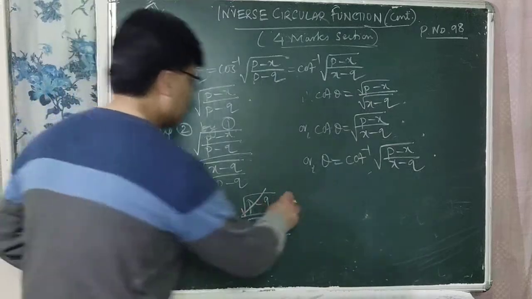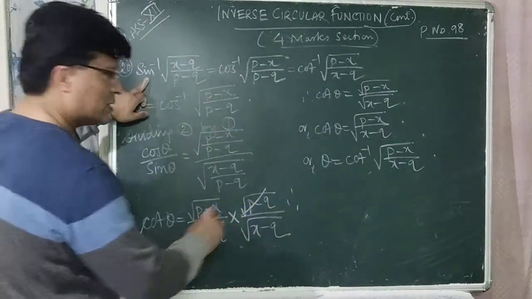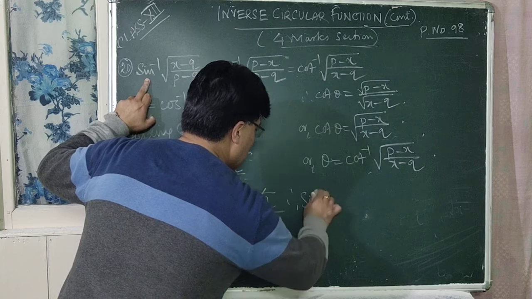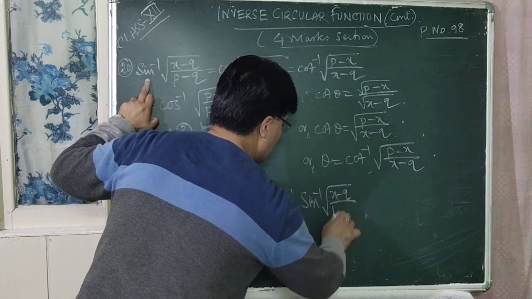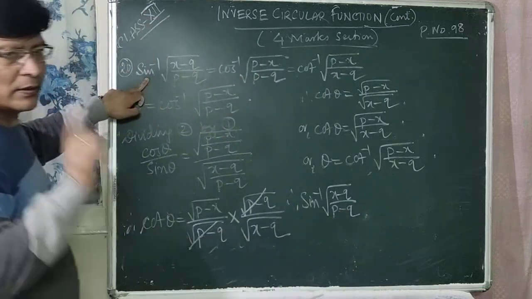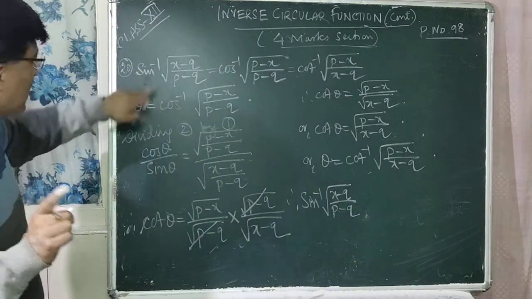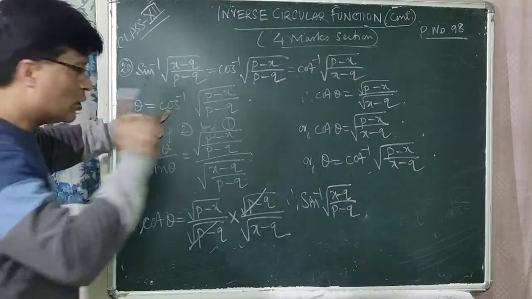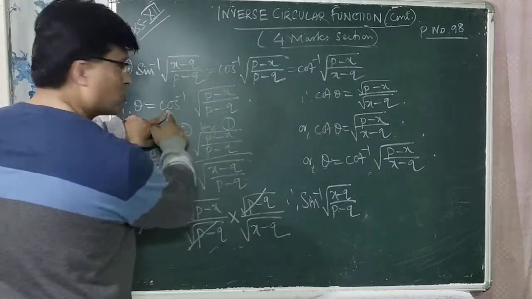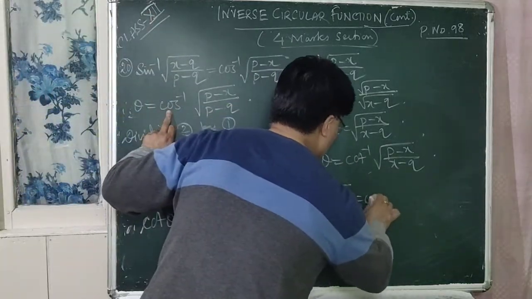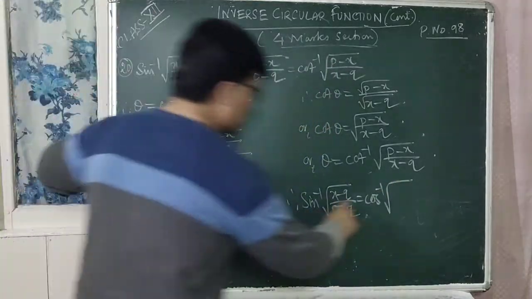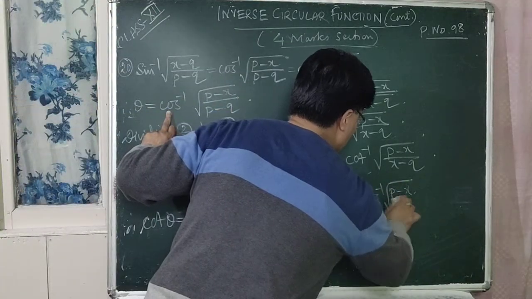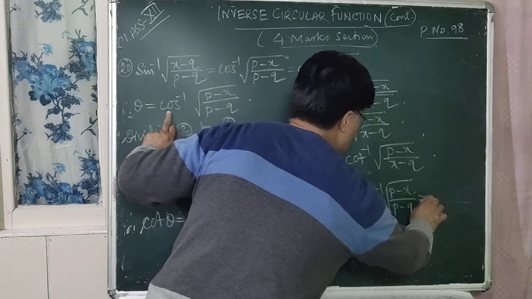That means you can write, therefore, first one is sine inverse root over x minus q upon p minus q. It was assumed as theta, and now theta is equal to cos inverse. So you can equate this sine inverse with this cos inverse, which is equal to cos inverse root over what is here? P minus x upon p minus q.